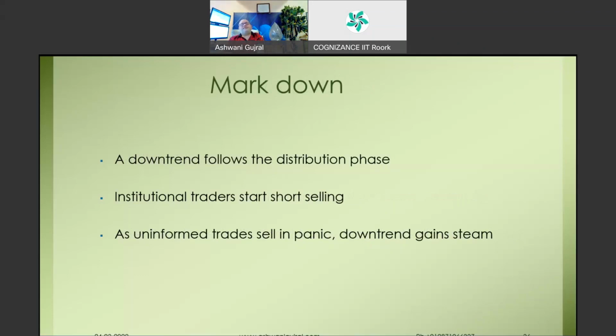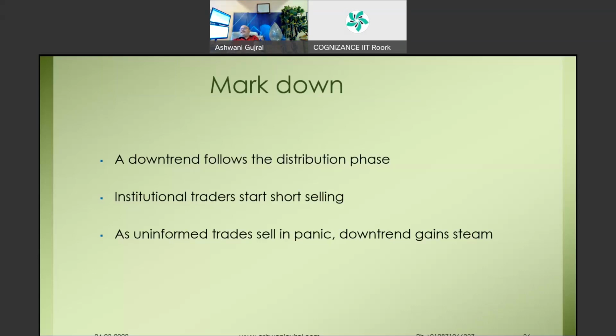The markdown phase finally is the phase that follows distribution, where institutional traders are short selling and they are also getting out of their holdings. Uninformed traders also sell in panic, and the downtrend gains steam. So this is the final phase of the market.